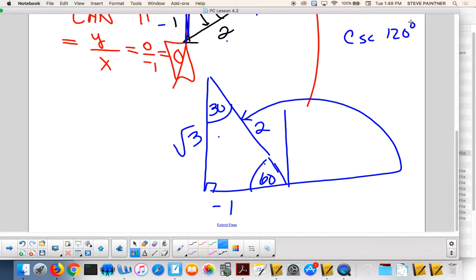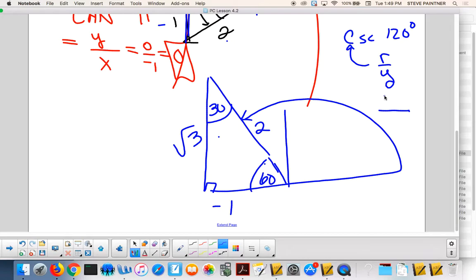All right. Cosecant is the opposite of sine. It's the reciprocal of sine, so r over y. Can you do that in your head? Instead of thinking of sine, writing it down and then flipping it later, I just do this. This is what cosecant is.